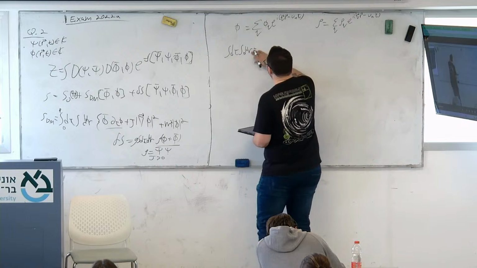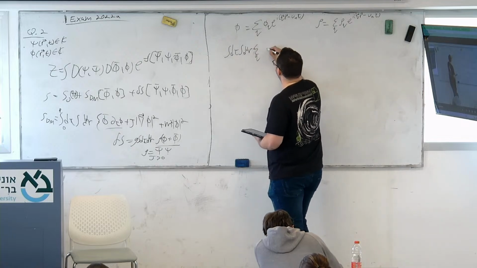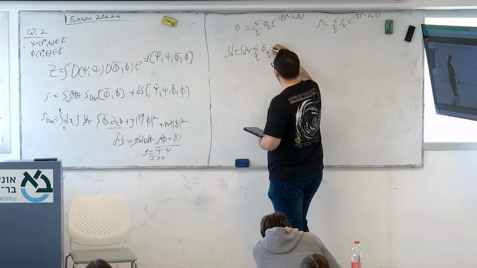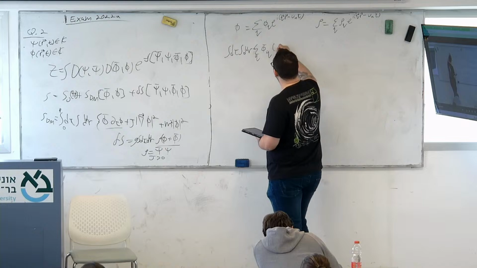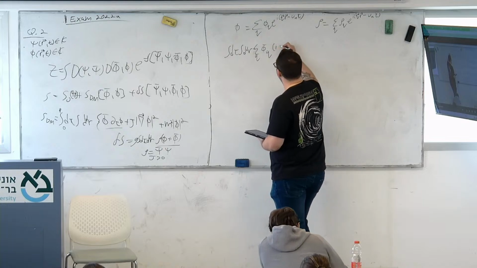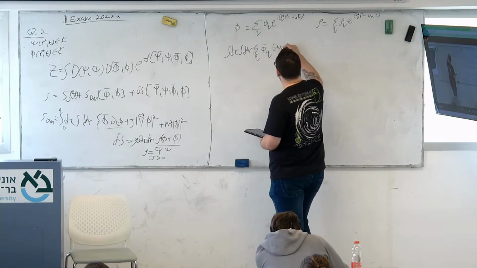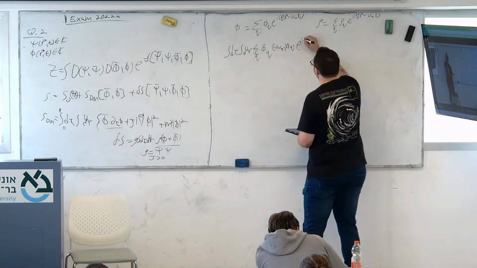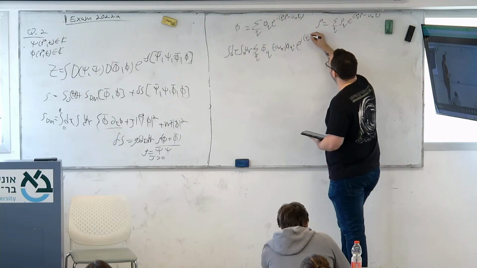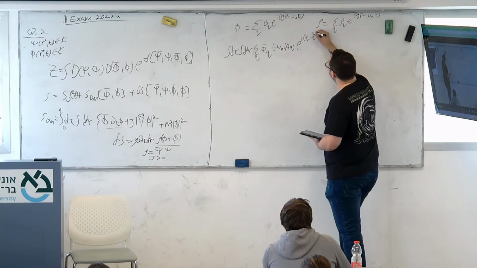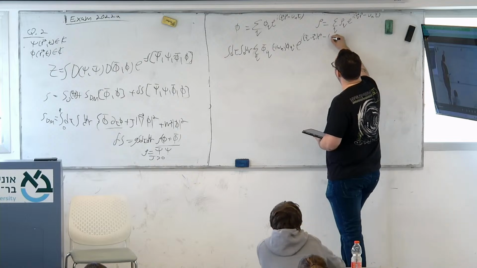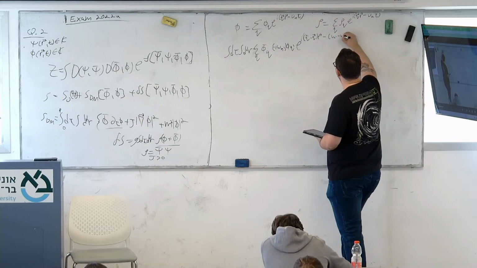The sum over q, phi q conjugate, e to the minus i omega n tau, phi q tau, e to the i q tau minus q, r minus omega n tau.